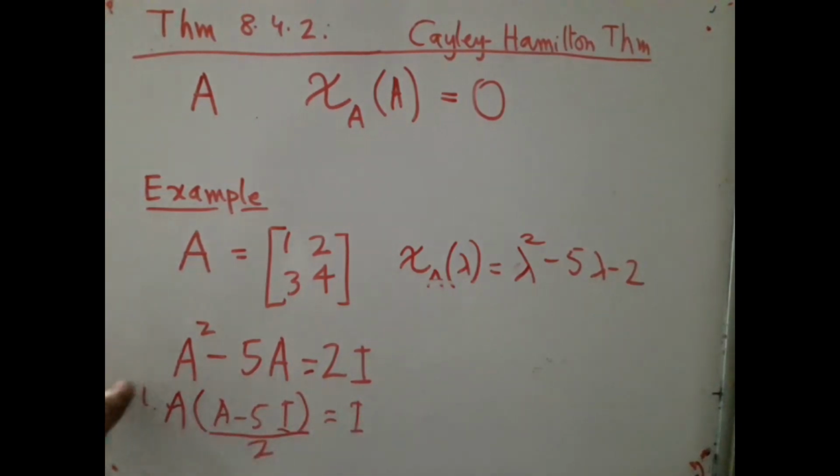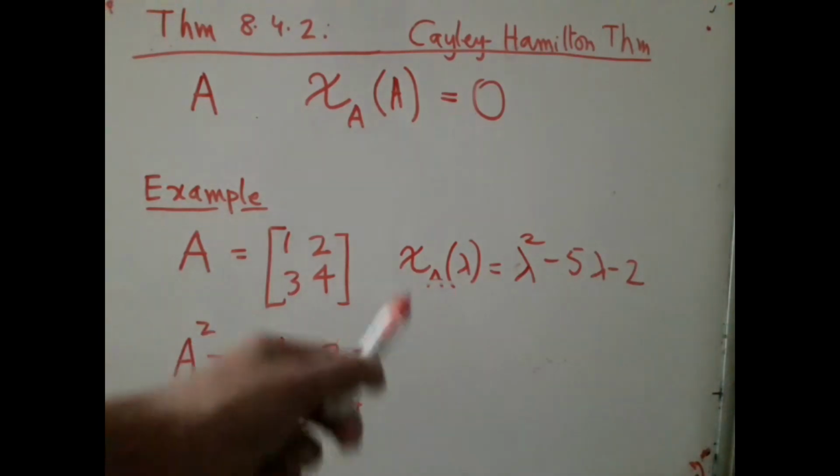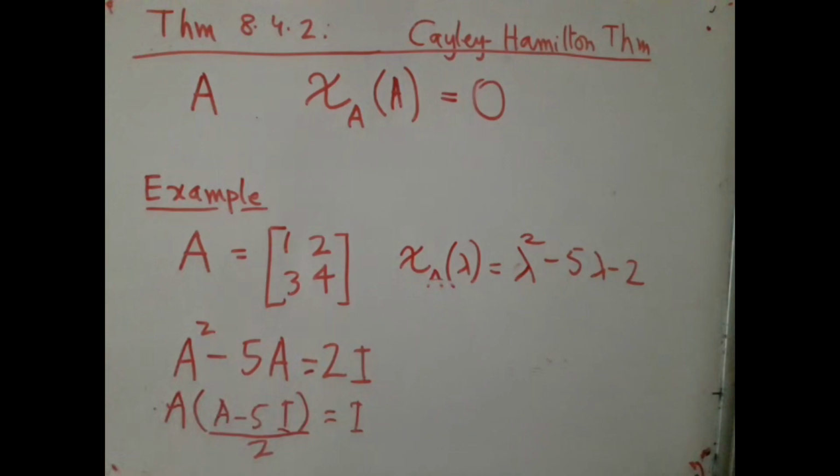So you see that A times this is equal to the identity matrix, which means this must be the inverse of A. Now of course, for 2 by 2 you do not need all these things, and for higher order, finding the characteristic polynomial, doing all the adjoints, etc., takes quite a bit of time. So one cannot say that this is an efficient way of finding the inverse.